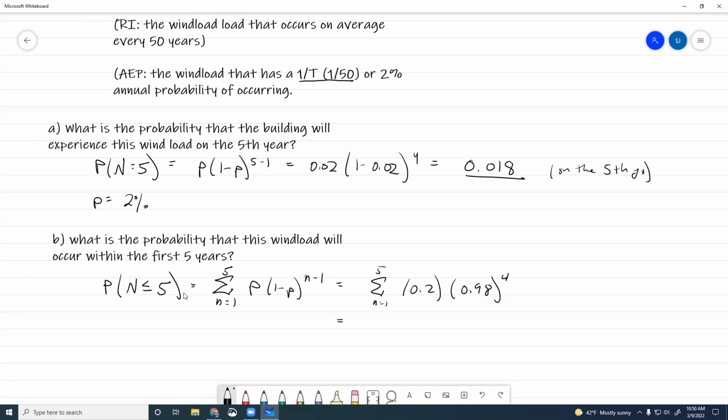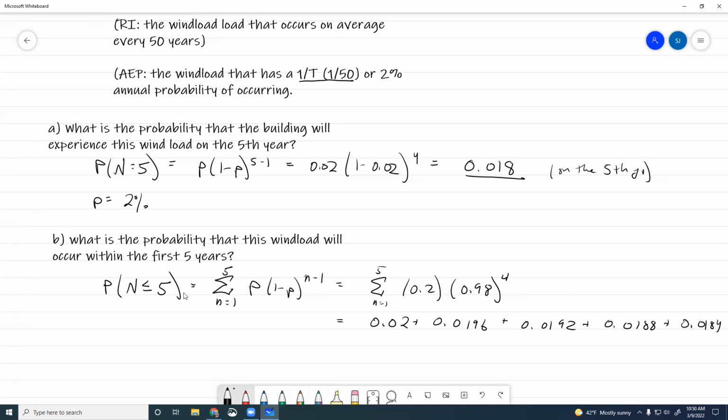And then we get all these probabilities. I'll just write it out to demonstrate. We get 0.02, I guess it is, 0.0196 plus 0.0192 plus 0.0188 plus, so you can see they're getting a little bit smaller as we go, 0.0184, which is that it occurs on the 5th year.